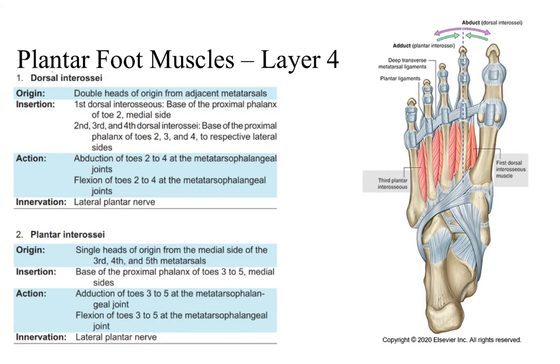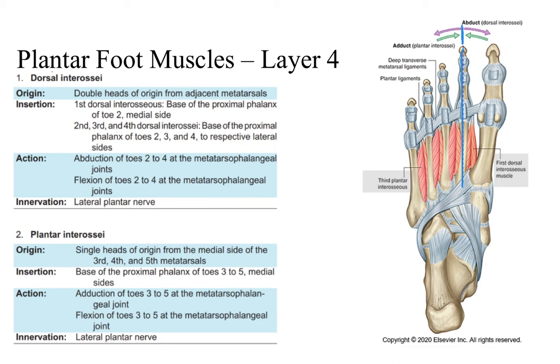All right, so the fourth layer, the last layer of the muscles of the plantar region. For this slide, what I want to show you here is this. They're showing you in a picture, if you've forgotten, that abduction and adduction in the foot refers to moving away from or toward the midline of the foot. And to be a little more specific, we use toe 2 as the midline.